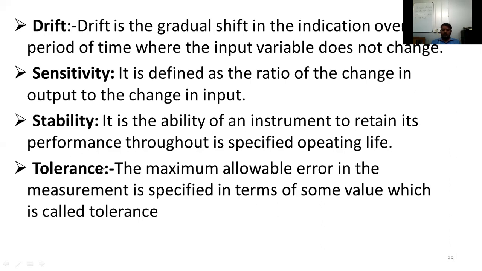It should show 5 ampere. All instruments should show 5 ampere. But due to some conditions, what will happen? It may show 5.5 or 4.5. That is called error. 0.5 is the error.